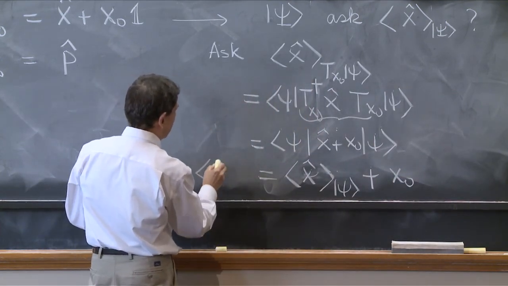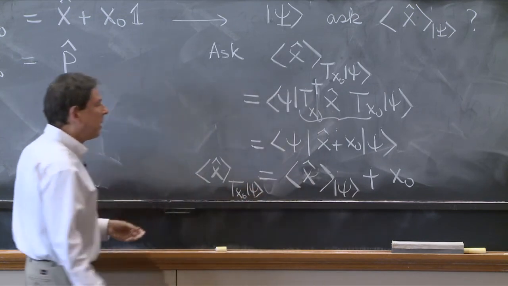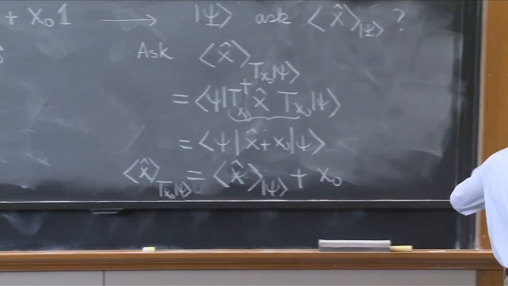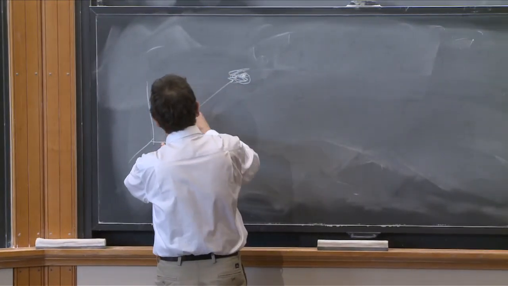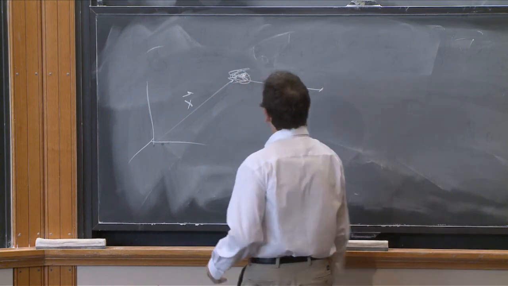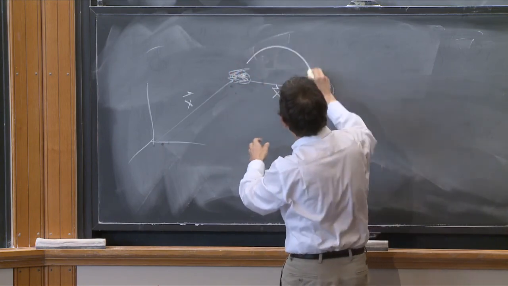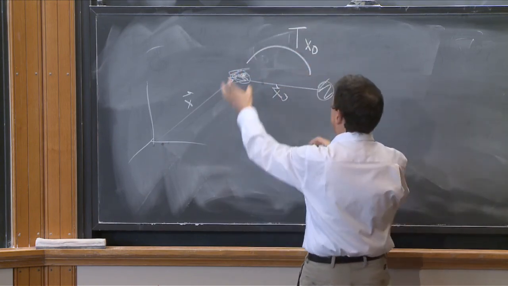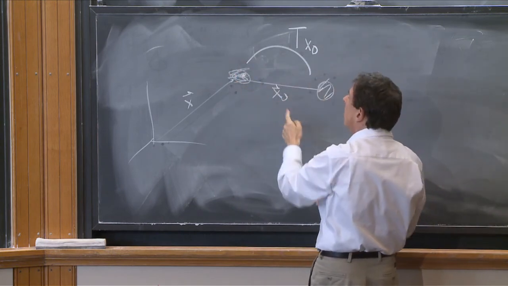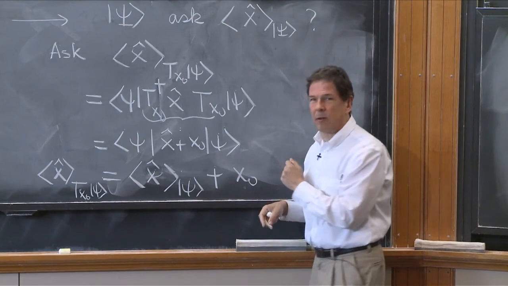So the expectation value of x in the new state, T(x0) psi, is the expectation value of x in the old state plus x0. So if this is x, you could do this for vectors, and here is x0: the T(x0) operator took the state and moved it by a displacement x0, so that the new expectation value is the old one plus x0.